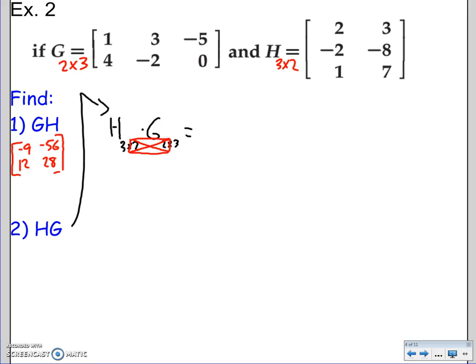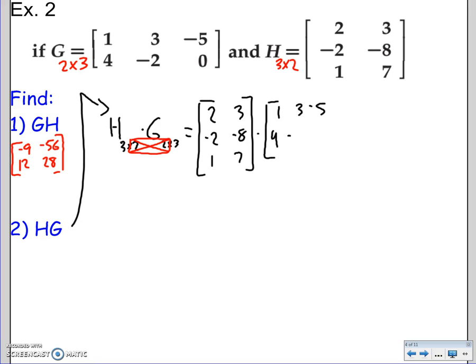So let's try it. H says 2, 3, negative 2, negative 8, 1, 7 times G. G is 1, 3, negative 5, 4, negative 2, 0. So same idea we've always done. So first row times first column.